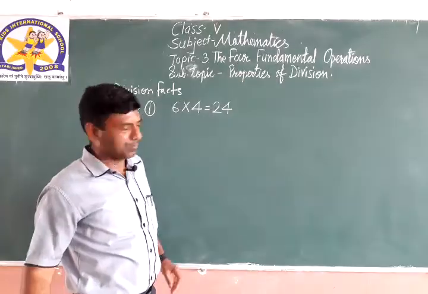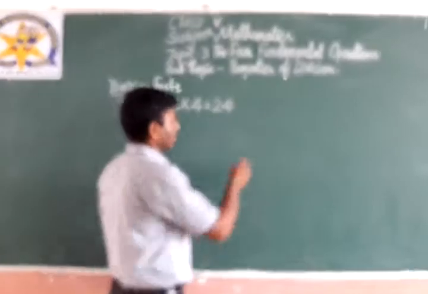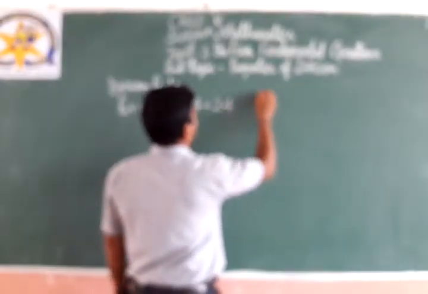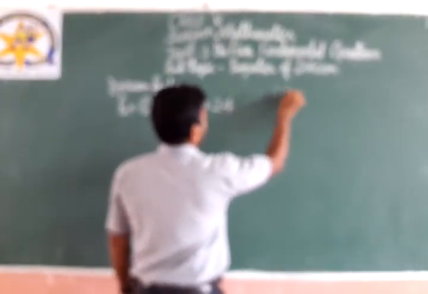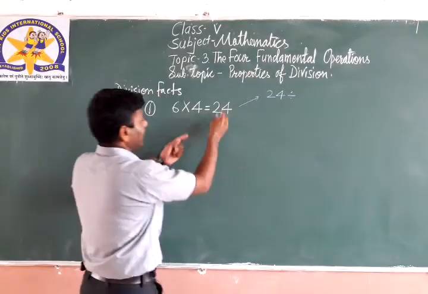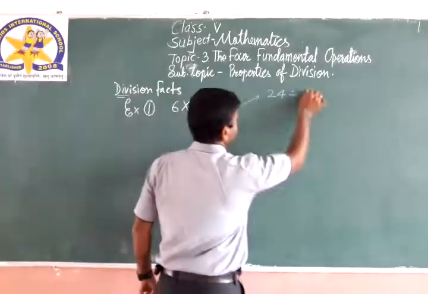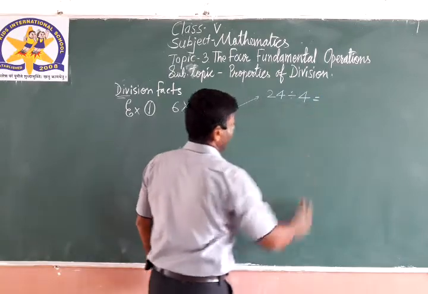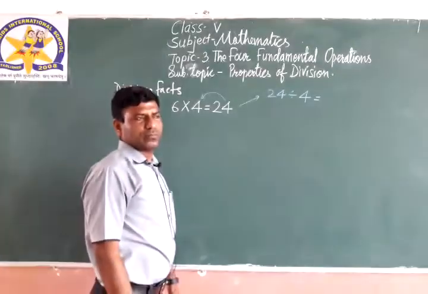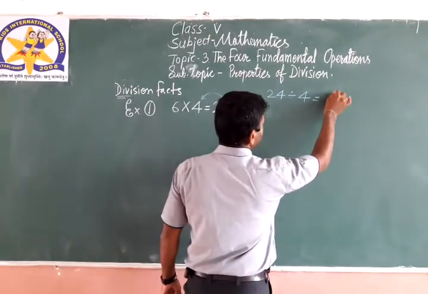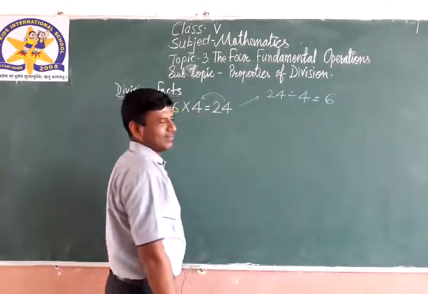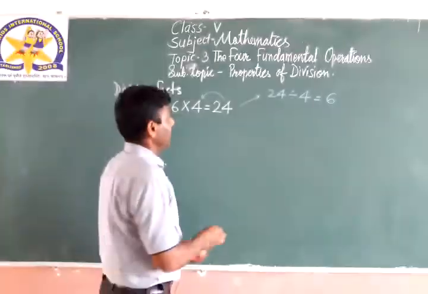Now see. 24 divided by 4. I will write 24 divided by 4. The quotient is 6. Right?